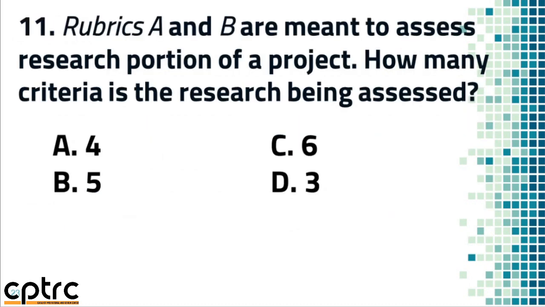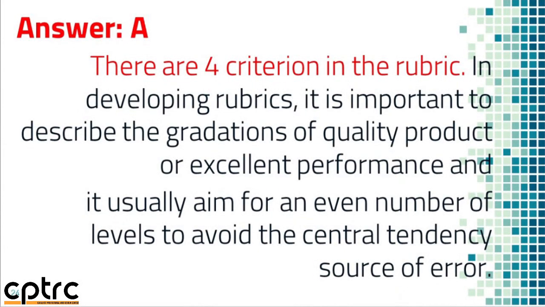Okay? Let's proceed now to item number 11. Rubrics A and B are meant to assess the research portion of a project. How many criteria is the research being assessed on? Looking back at rubrics A and B, the rubrics consist of 4 criteria. So letter A. In developing rubrics, as you recall from our lecture, it is very important to describe the gradations of quality product or excellent performance, and it is usually aimed for an even number of levels.